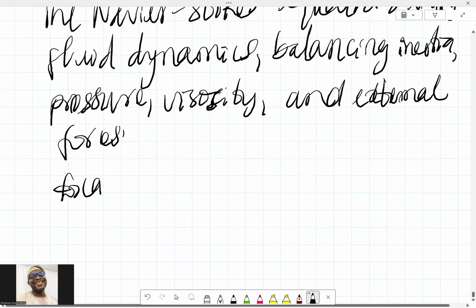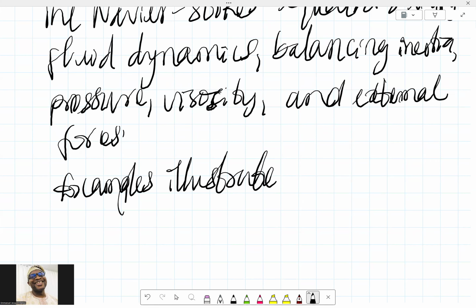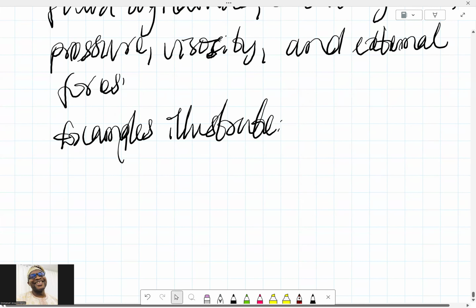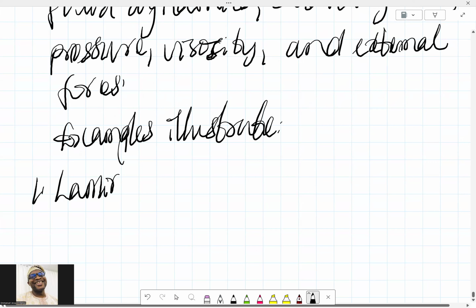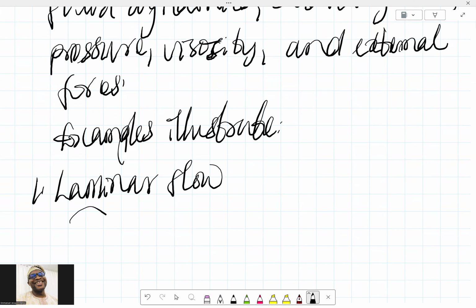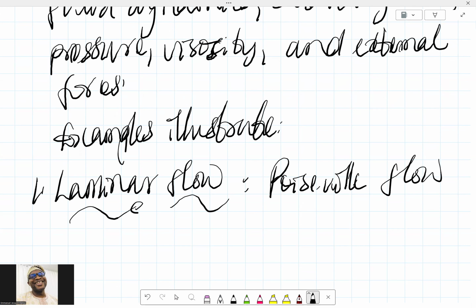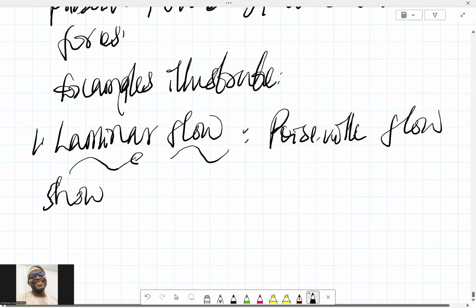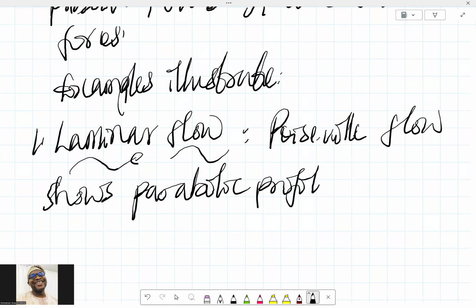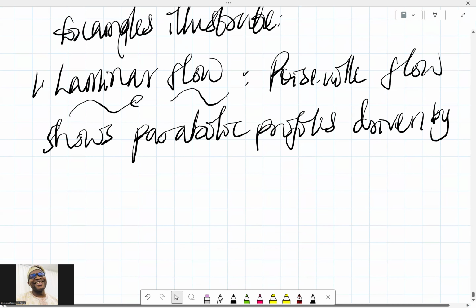So examples illustrate laminar flow, where we have Poiseuille flow. Poiseuille flow shows parabolic profiles driven by pressure.